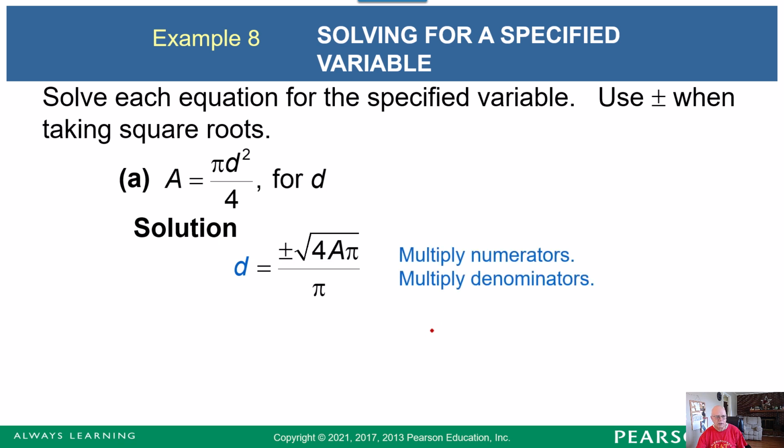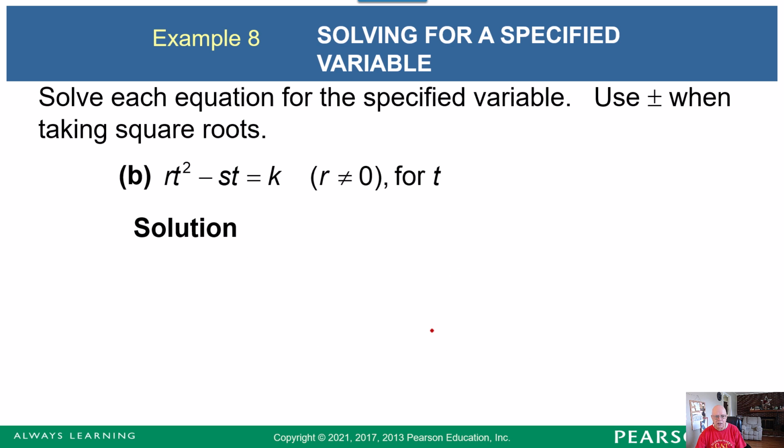There we go. T squared and t. So it's a quadratic. So you can use the quadratic formula, but you have to get this k on the other side. So you have to write it this way in standard form. That way you get the proper a, b, and c for the quadratic formula.